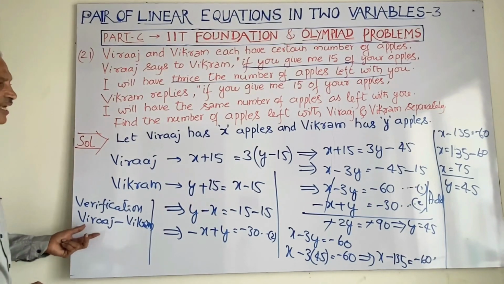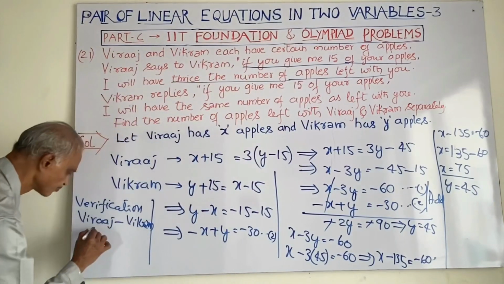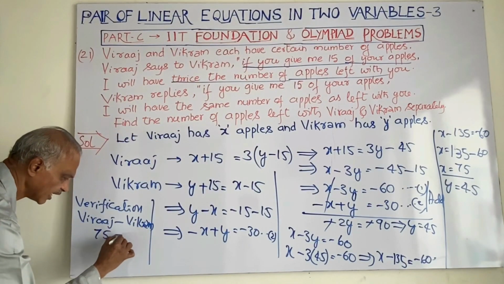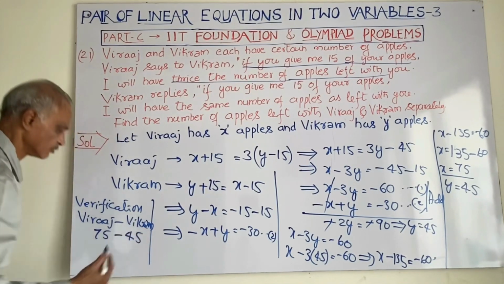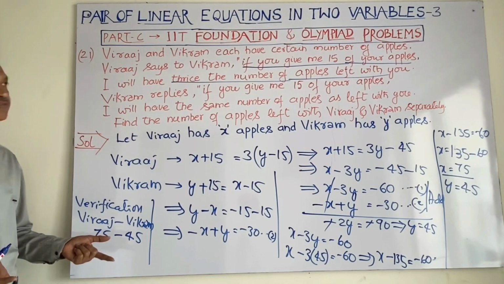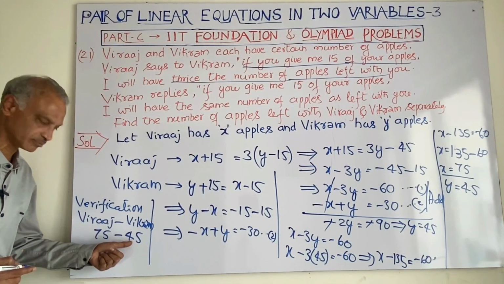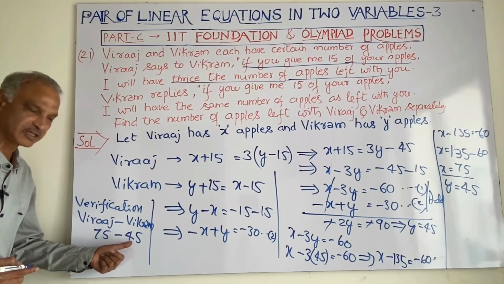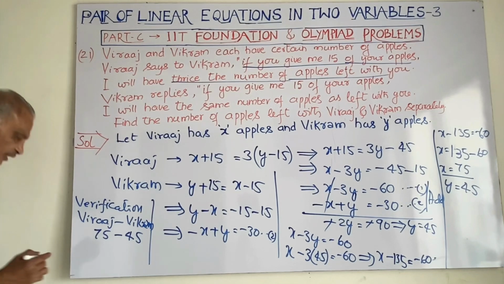Viraj is having, X means Viraj is having 75 apples, and Vikram is having 45 apples. Now Viraj says, if you give me 15 of your apples, he is taking 15 apples from Vikram. 45 minus 15 is 30.